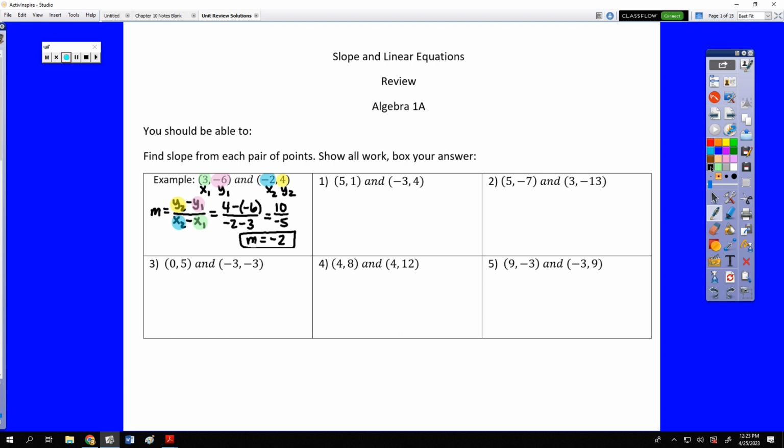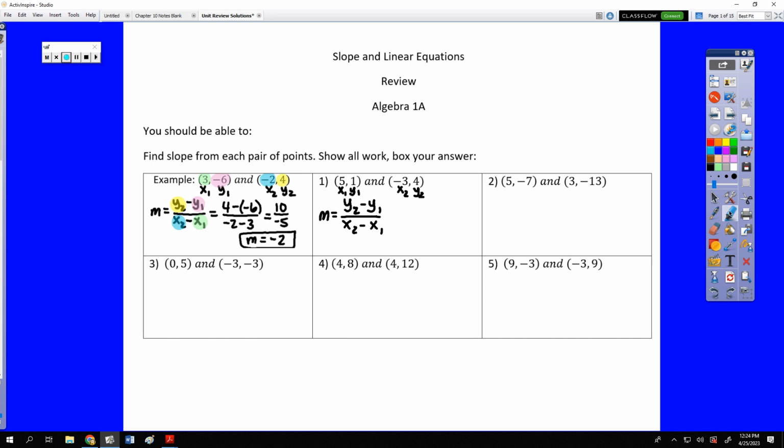To do this, we are going to be utilizing the slope formula, which is slope is y2 minus y1 over x2 minus x1. Now, please note that x1, y1 is a reference to the first point, and x2, y2 is a reference to the second point.